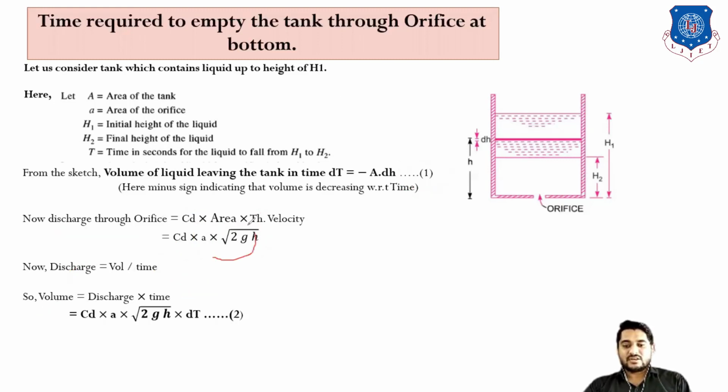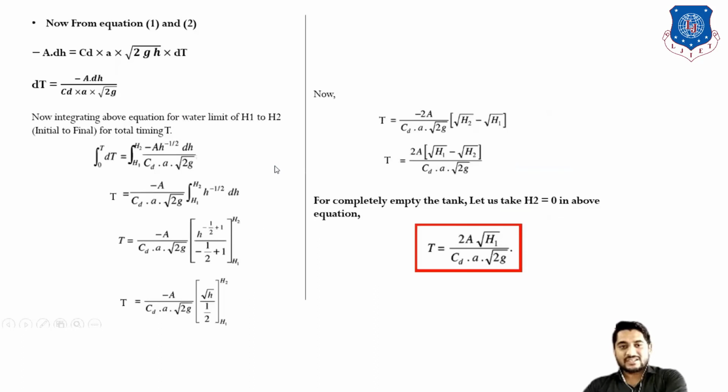Clear? So here discharge is CD a under root 2gh and time will be small dt. Remember this, up to now we analyze the equation only for small height dh. That's why here we take time as a small dt. Clear this?